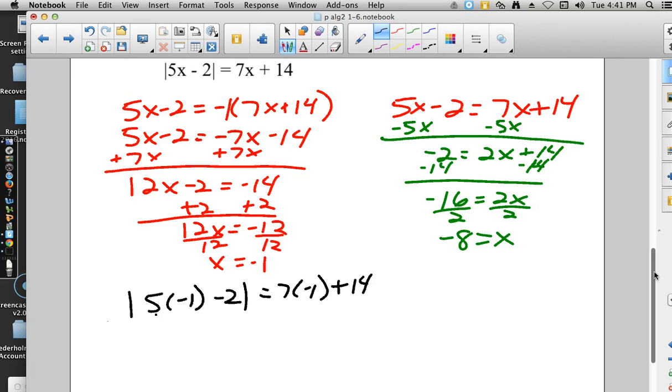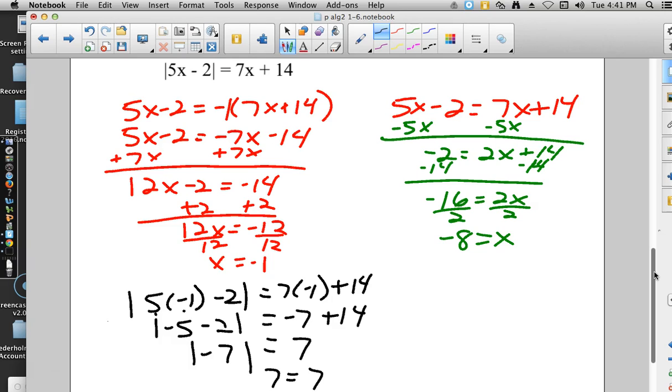Okay, well 5 times negative 1 is negative 5, so absolute value of negative 5 minus 2 equals negative 7 plus 14, because 7 times negative 1 is negative 7. This will be the absolute value of negative 7 equals negative 7 plus 14, which is 7. And we realize, yep, that's going to be true. This is going to say 7 equals 7. This one is a go. x equals negative 1 is going to work.